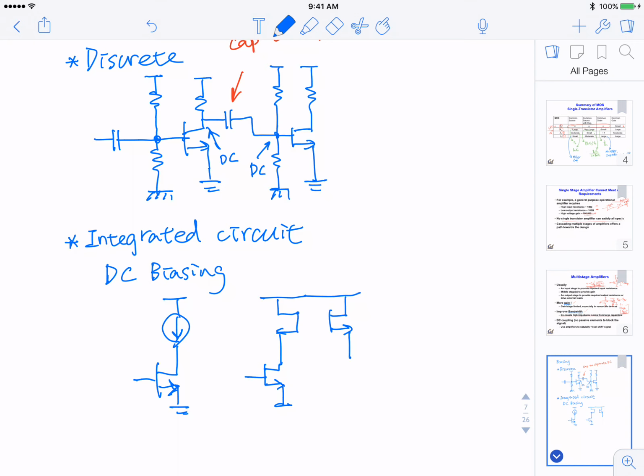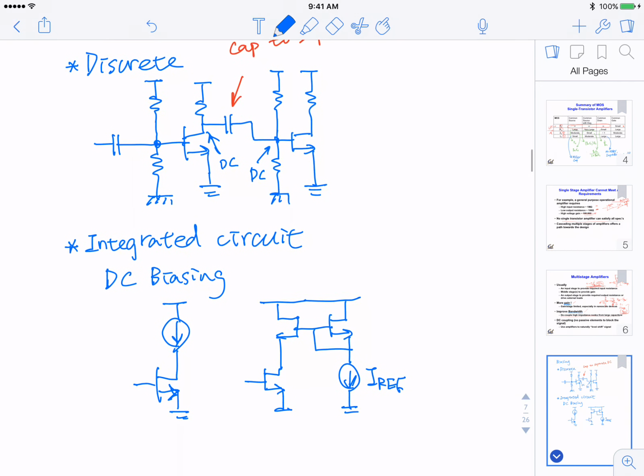We do a current source, and here we have a reference, I reference. So we set up the bias this way, and it's really interesting how we set up the DC bias when we go from one stage to another. But this is integrated circuit biasing.